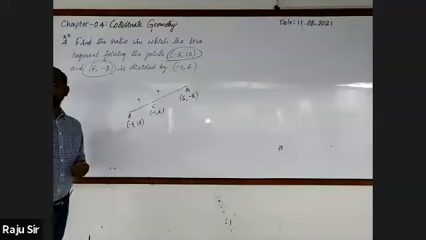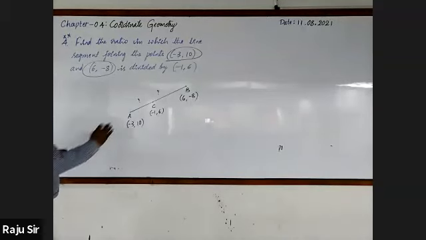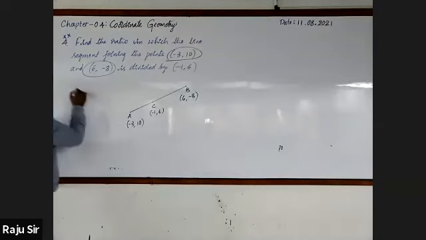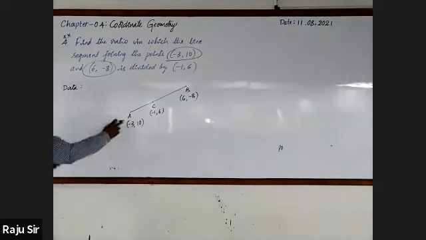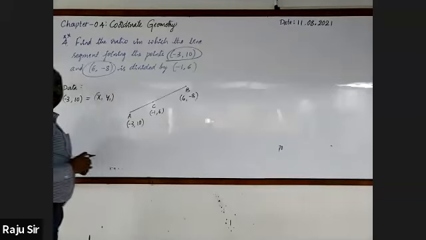You may take either M1 is to M2 or K is to 1. In both ways it comes. And please go on writing the data with me. First, minus 3 comma 10. You may take this as x1 y1.